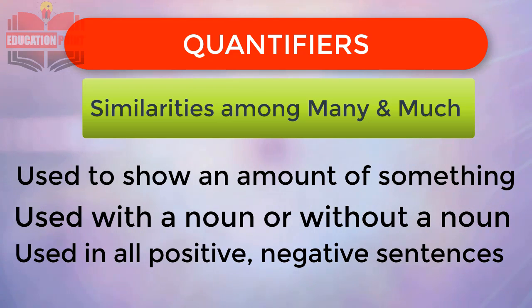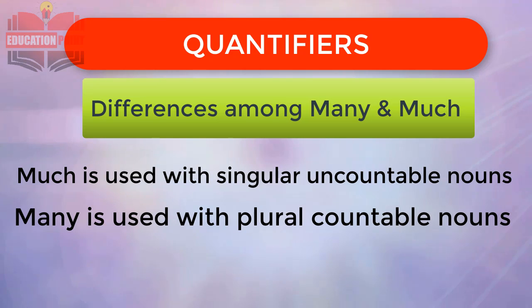Be it a positive question or a negative question, you can use much and many, both of them, right? But there are certain differences and that is how we need to differentiate and use them in particular sentences. Much is used with singular uncountable nouns, whereas many is used with plural countable nouns.